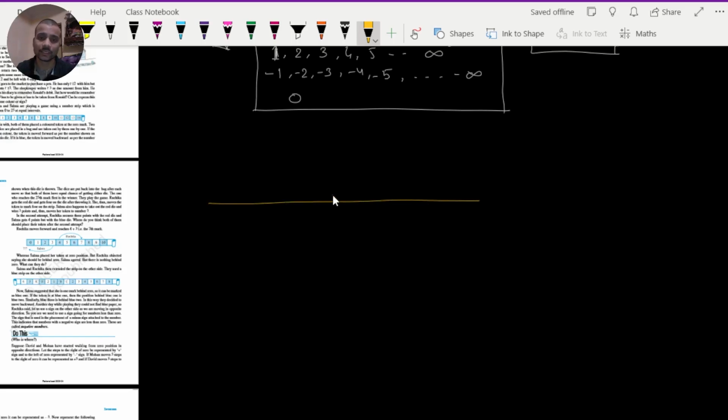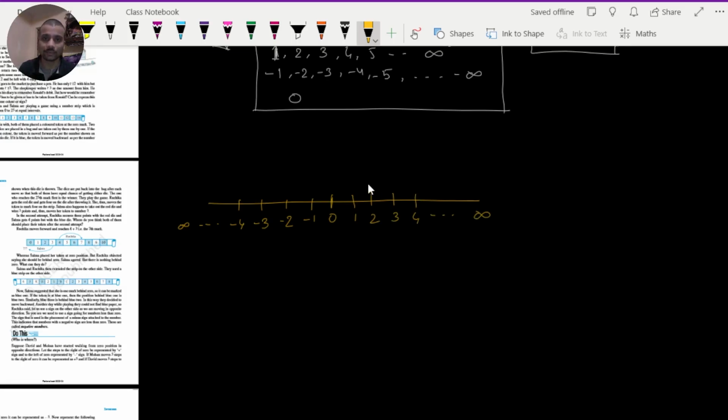If I draw a number line here, all the possible numbers on the number line will be integers, with infinity, and this is 1, this is 2, this is 3, this is 4, and infinity.